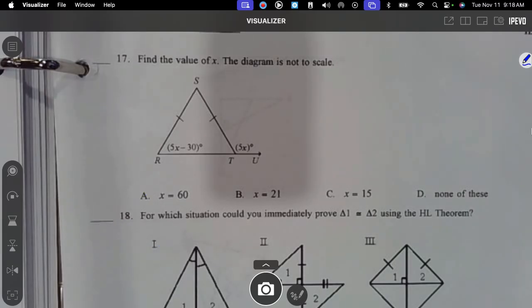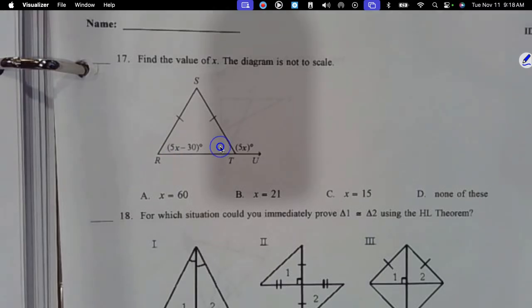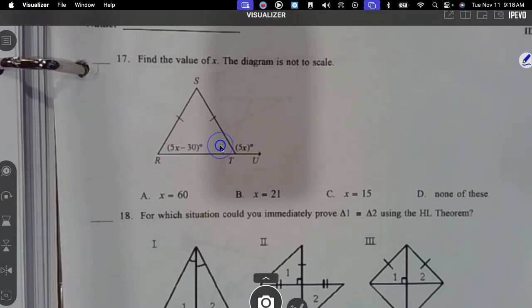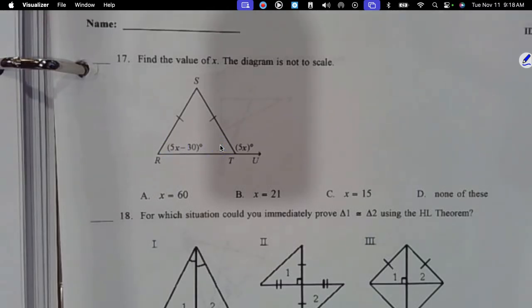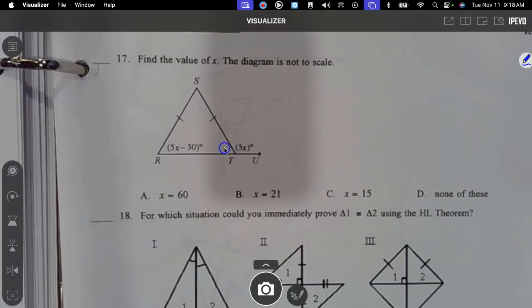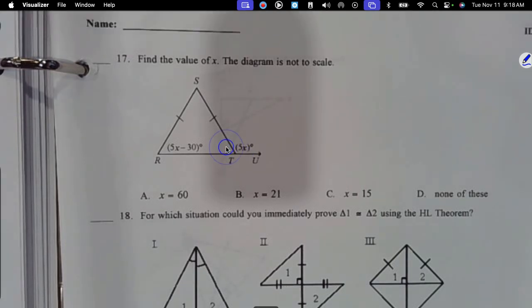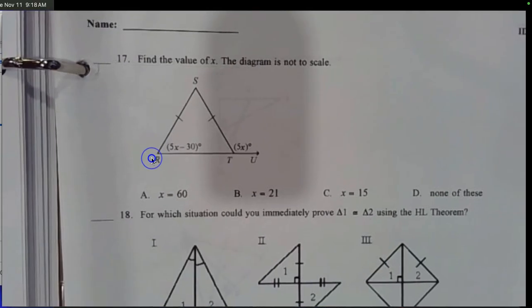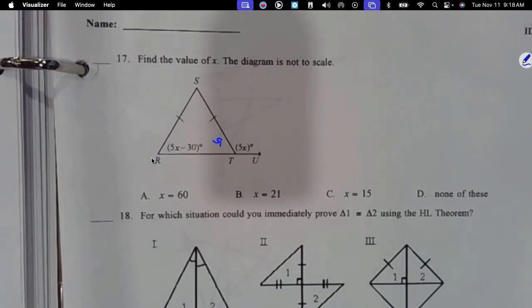So what do I know about these two angles? Those are the same thing. These two angles add to 180, right? But if these are the same, I could rewrite it. I will rewrite it just so y'all can see it. But this would be 5x minus 30. And I know these two angles add to 180.